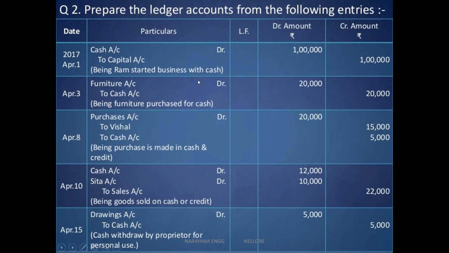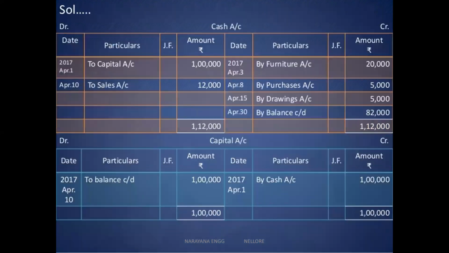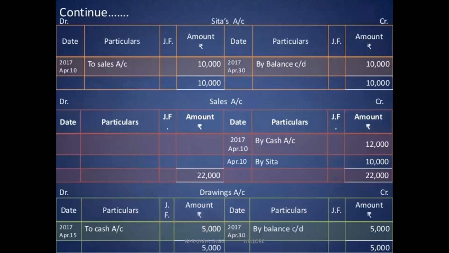Like this, you post all the entries, and finally you check the balance on both sides, debit and credit. See which is higher, mention it on both sides, and also the balance amount carried down. This balance can be treated as the brought down balance for the next month.